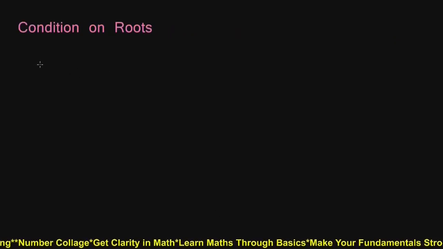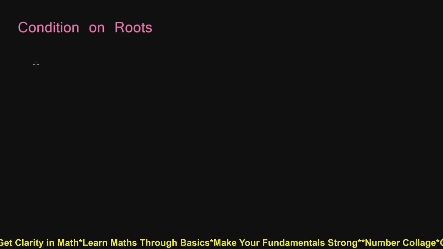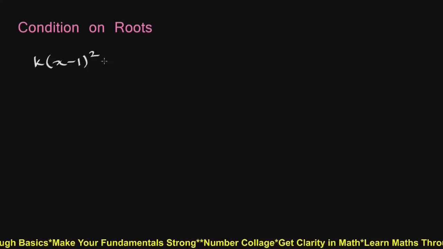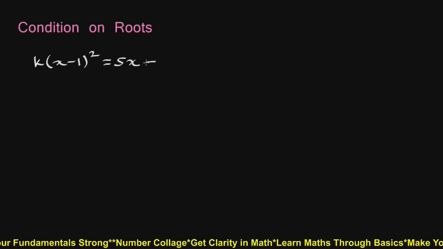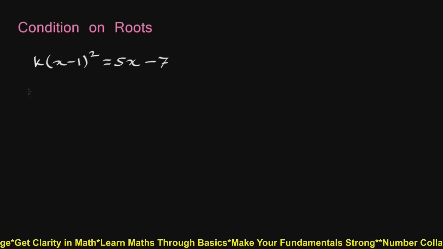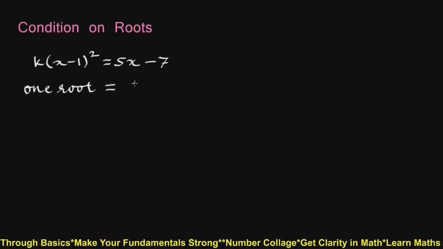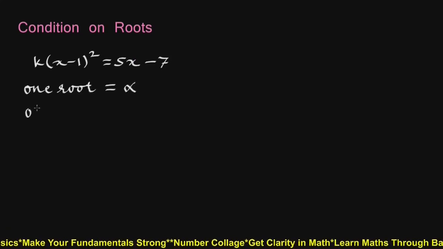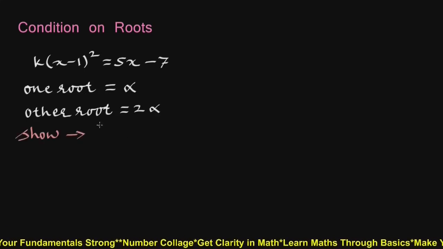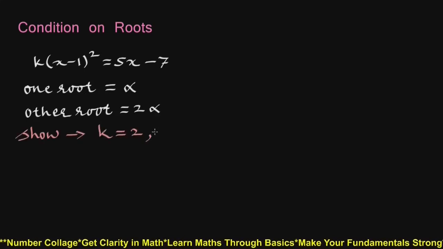If one root of the quadratic equation k into x minus 1 whole square equals 5x minus 7 is double the other root, that means if one root is alpha, the other root will be 2 alpha, and we have to show that k is 2 or minus 25.